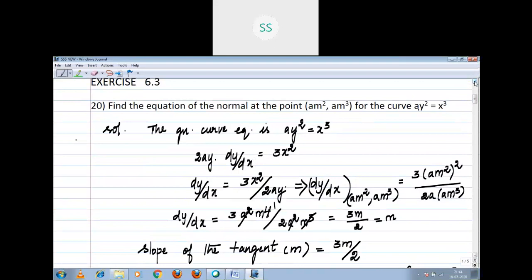Finally, you arrived at 3m/2. That is your slope of the tangent, right? M should be represented as the slope of the tangent. Already in the answer also you have m, you should not confuse yourself. Slope of the tangent should be represented by small m. That is what I have written here: slope of the tangent equals 3m/2. Using the slope of the tangent, you found the slope of the normal.